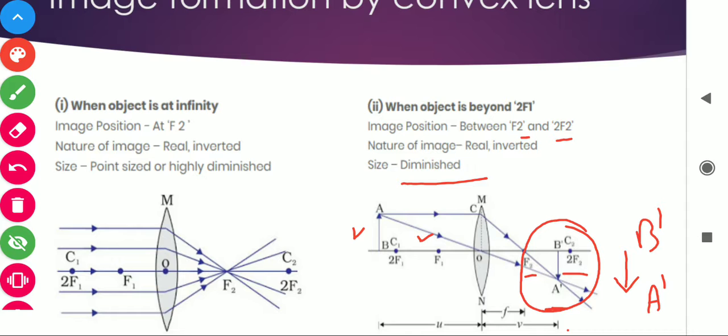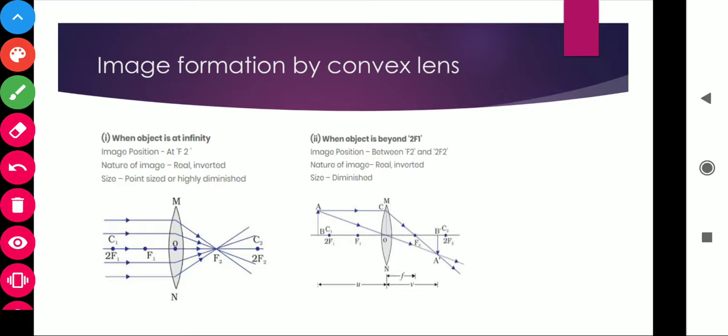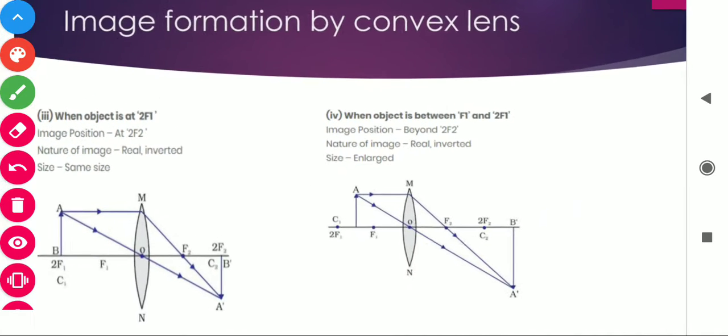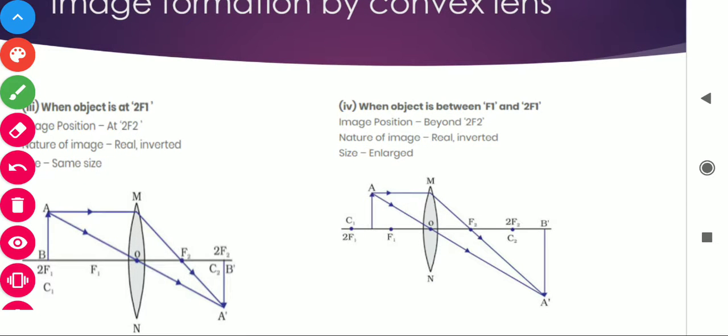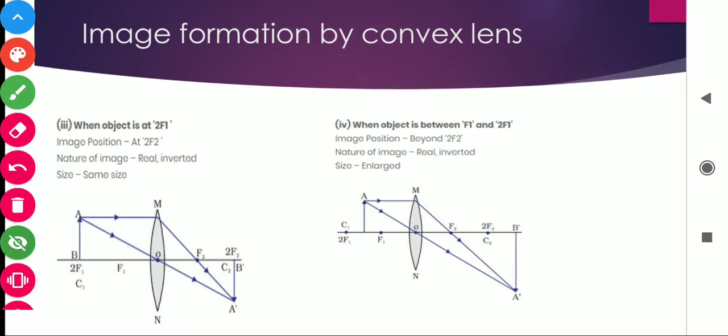Okay, students, convex lens. Let's discuss next. The next is when object is at 2F. When we keep object at 2F, in mirrors we studied it as center.